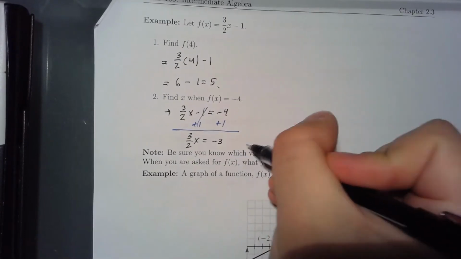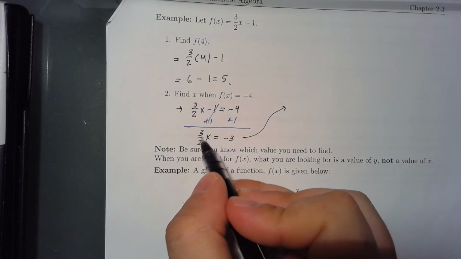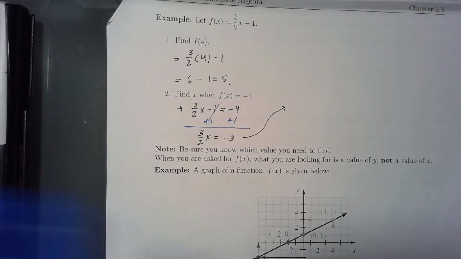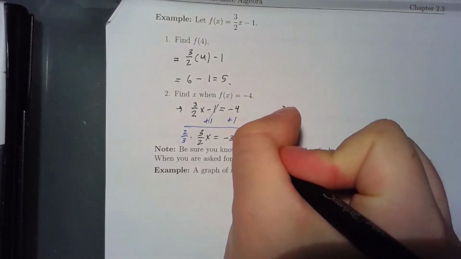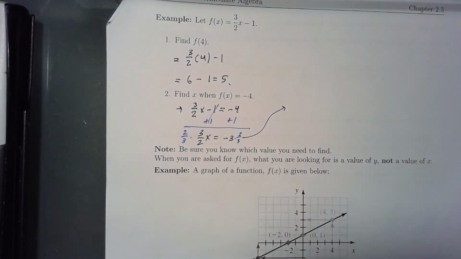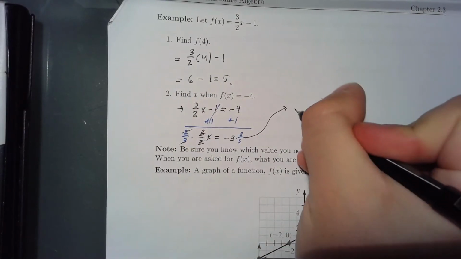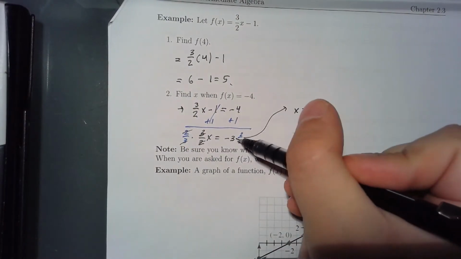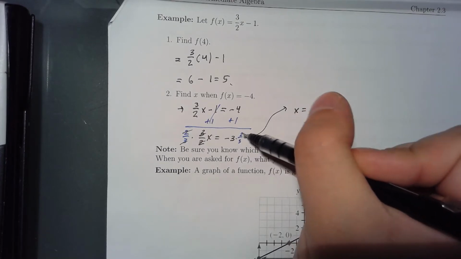Now to solve this for x, you can multiply by the reciprocal of 3/2, which is 2/3. The 2's cancel, the 3's cancel, you're left with x. On the left, 3 times 2/3, the 3's are going to cancel, so you're just left with -2.